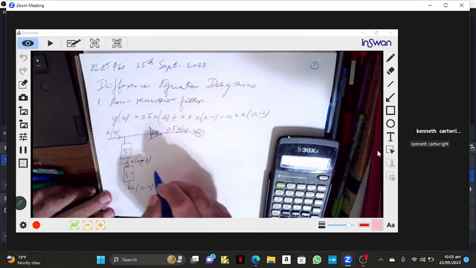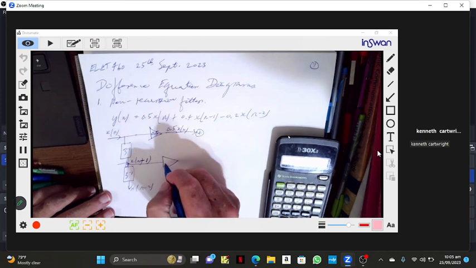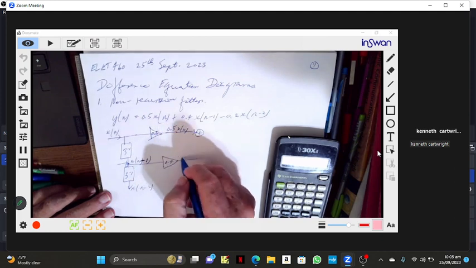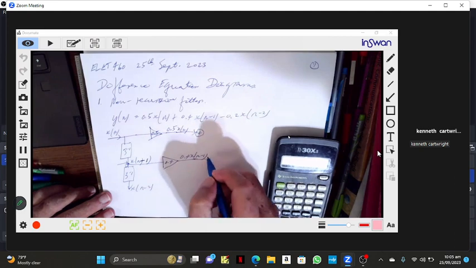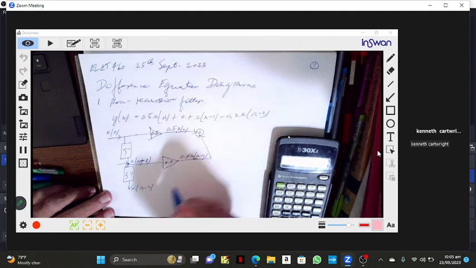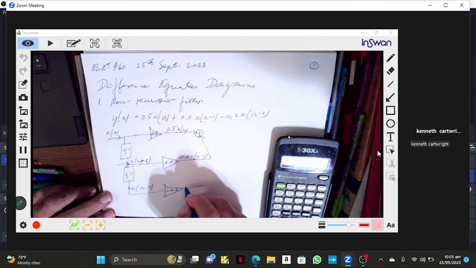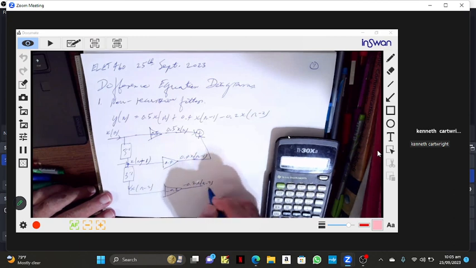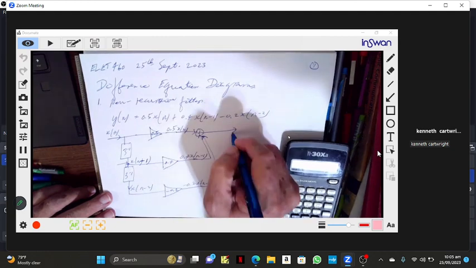This coefficient clearly is going to be 0.4, because out here we're going to have 0.4 times X of n minus 1. And then we have a gain of negative 0.2, so out here it's going to be negative 0.2 X of n minus 2. And there's Y of n.